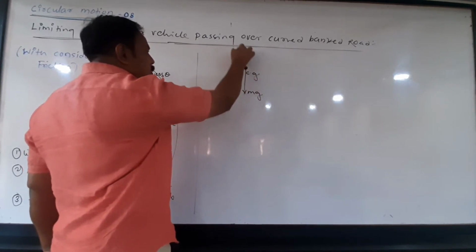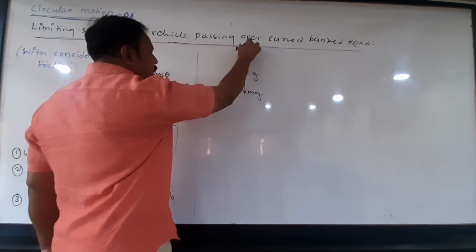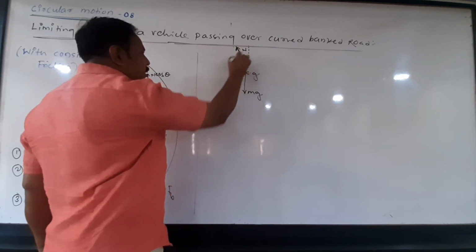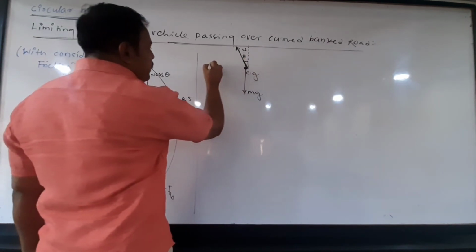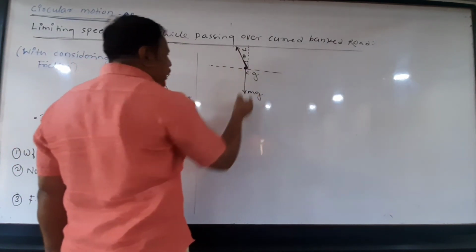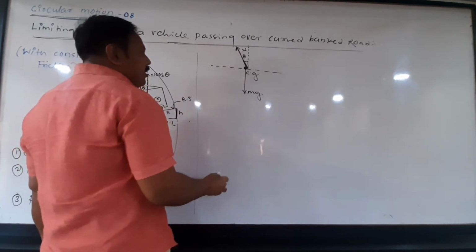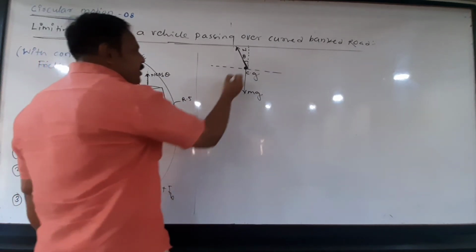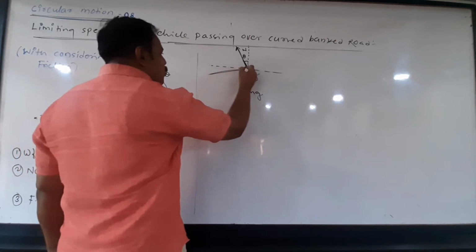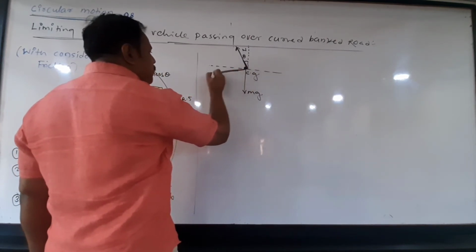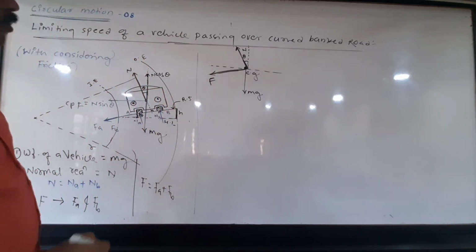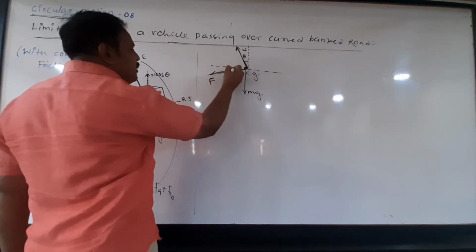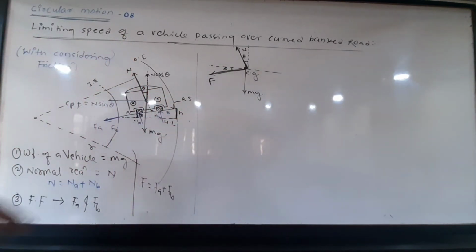This is the normal reaction N, which makes an angle theta. Let this be the horizontal line and this the vertical line. The next is the frictional force. The total frictional force acts like that, and this is also theta.